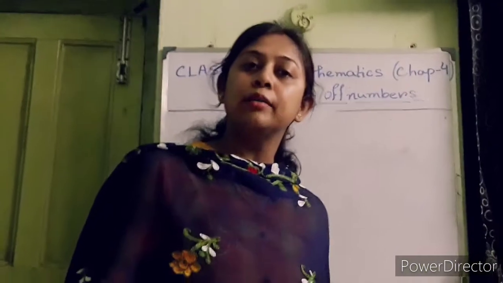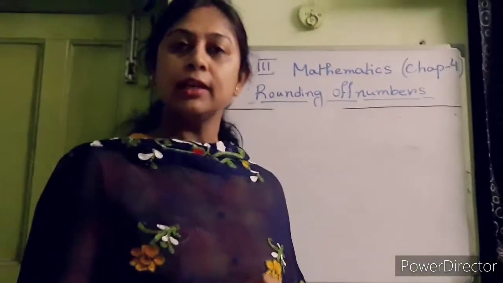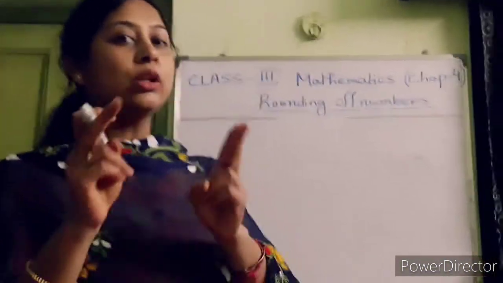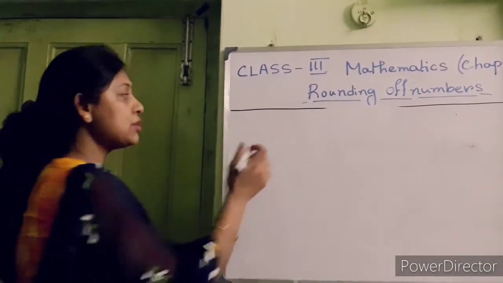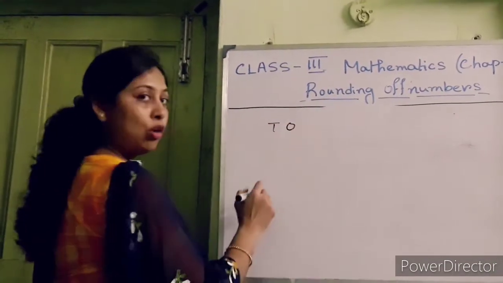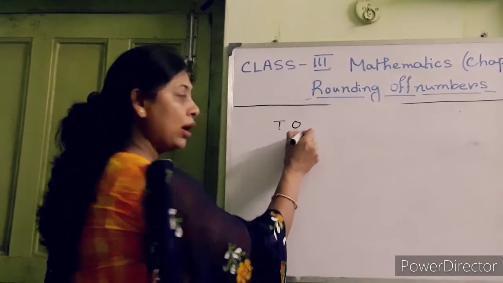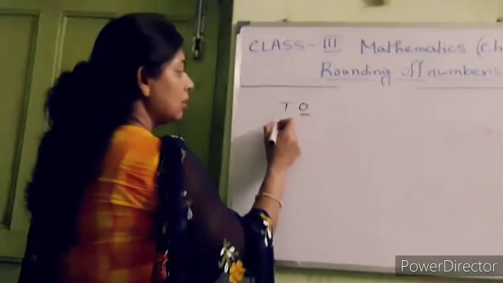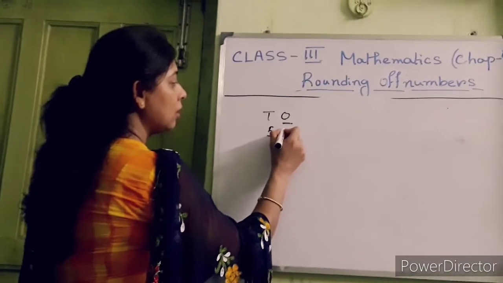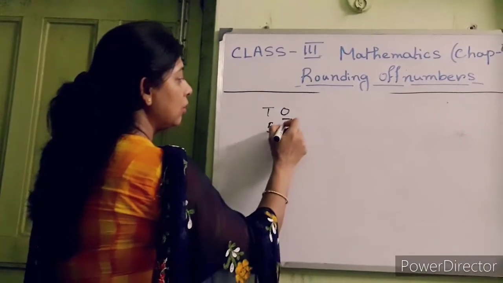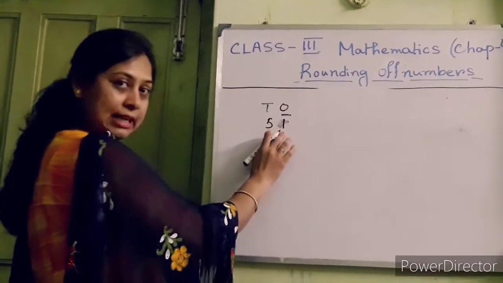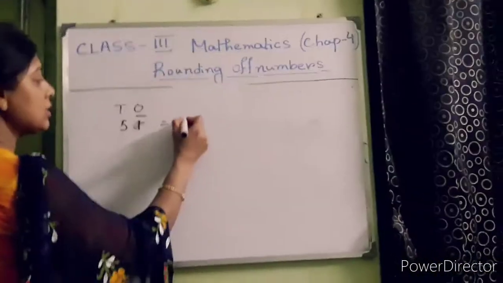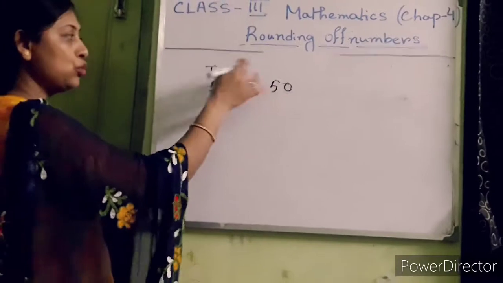One second, I am repeating. For rounding to the nearest tens, you will observe the tens and 1 place. You will observe which digit is present in the 1 place. Suppose 51: 1 is present in the 1 place, so it is less than 5. So your answer will be 50. You have to put 0.